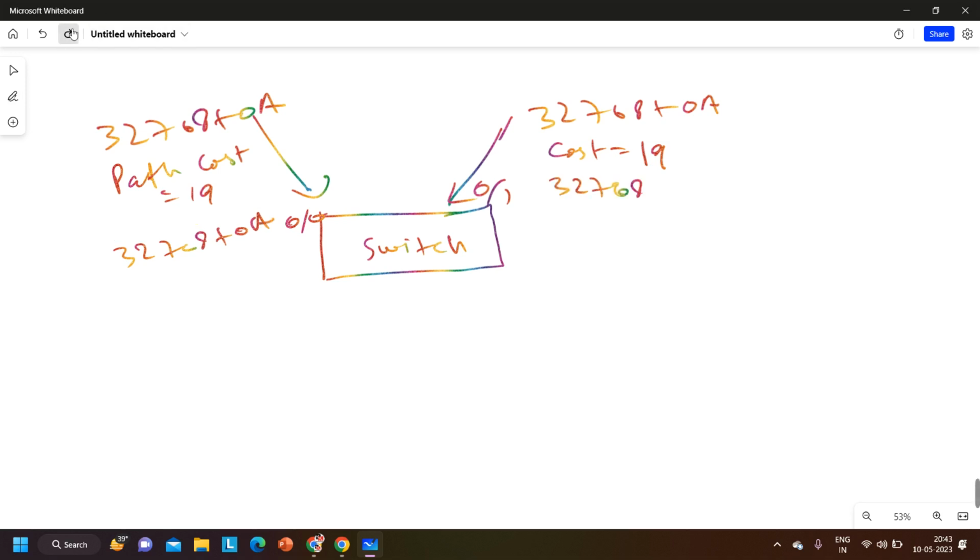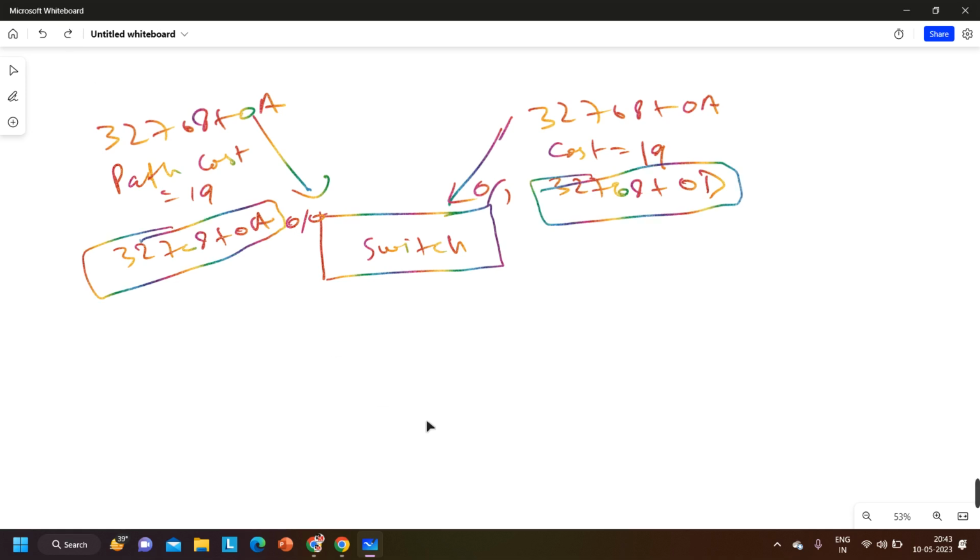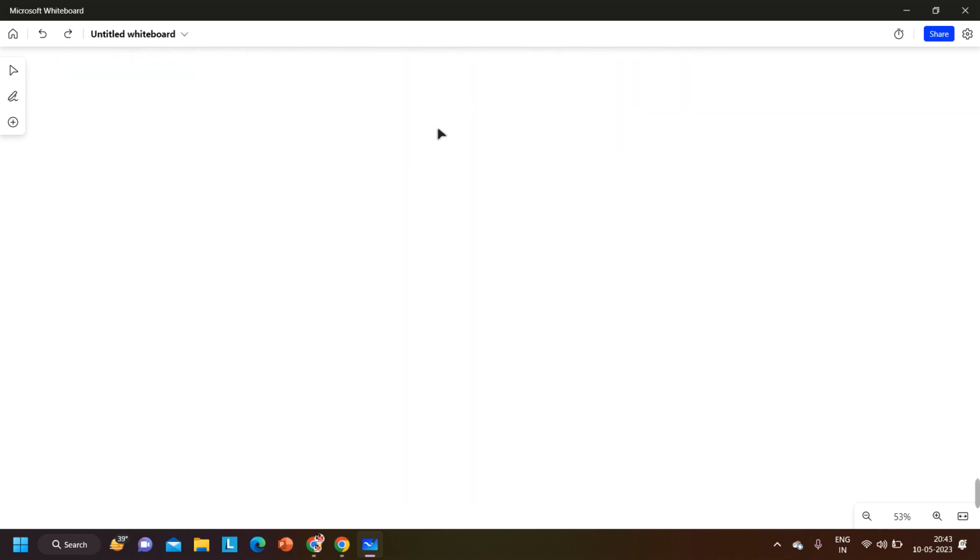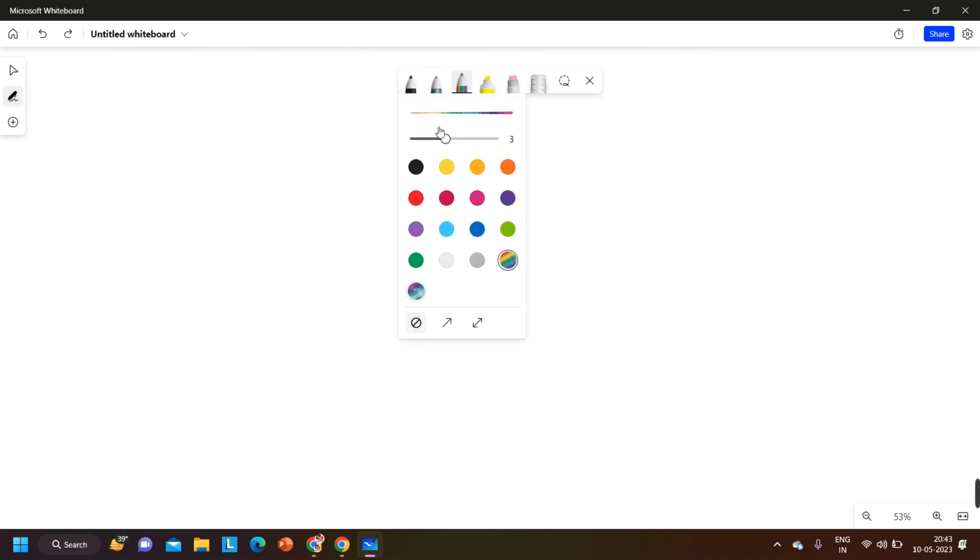Sir, when we connect two switches with a redundant link, then that time. Yes, whenever we connect two switches with more than one link. Let's say I have one switch over here and one switch over here.